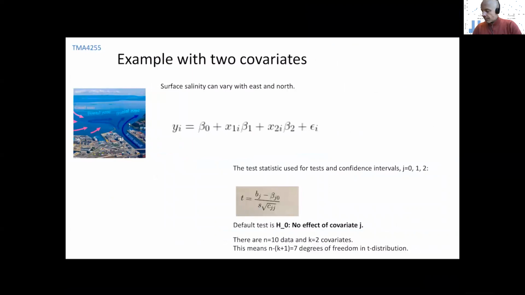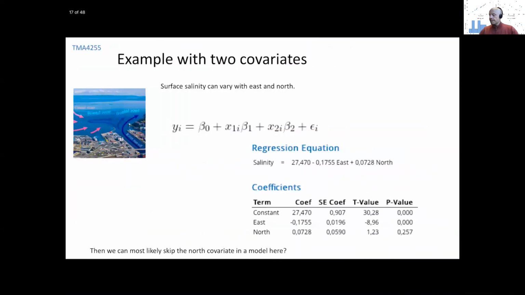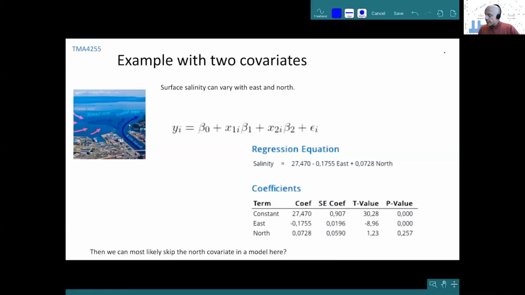Then we test for both covariates, both slopes, and maybe also for the intercept. Is this significant? And again, let's use Minitab. Minitab first fits the line. This is B0, B1, B2, the slopes with the different inputs. And then we see the t values and we see the p values.